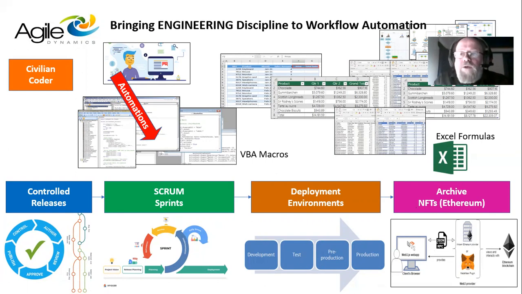We've developed a set of tools that then allow them to archive all of these on the cloud and then put an encrypted NFT onto the Ethereum blockchain, which gives you the incontrovertible evidence that things were done the way they should be done, were signed off, have been approved, and haven't been tampered with since. I think this NFT on Ethereum is something I would like to look at doing with Coda sometime in the future.